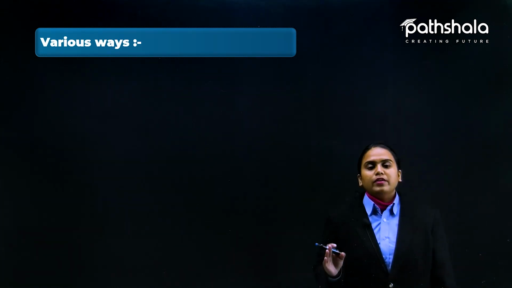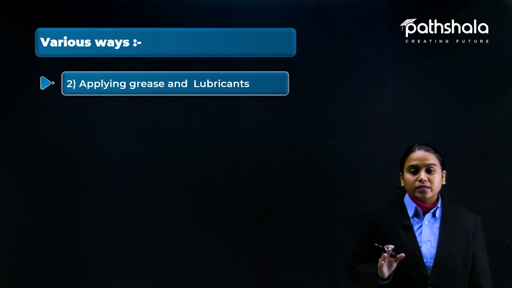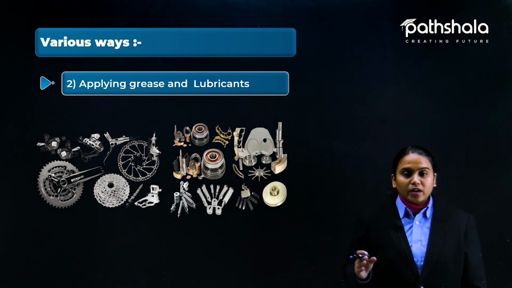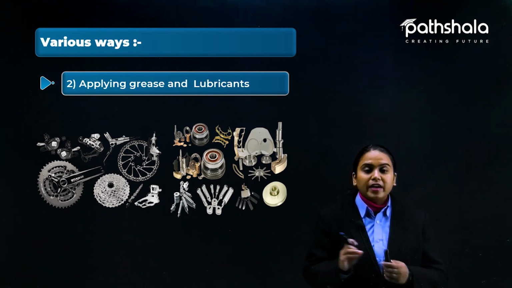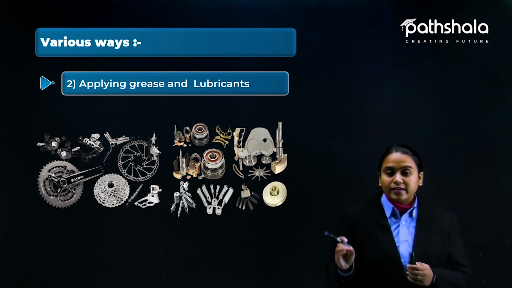Another similar method we can use is providing grease and lubricants to the parts. Some spare parts and old parts of machinery can be renewed by applying grease and rubbing it on the part. You might have seen your dad working like this at your home.